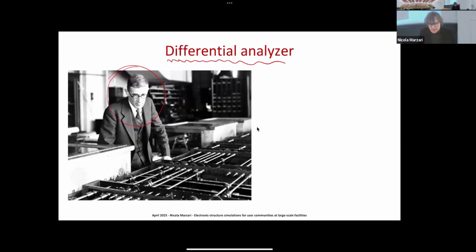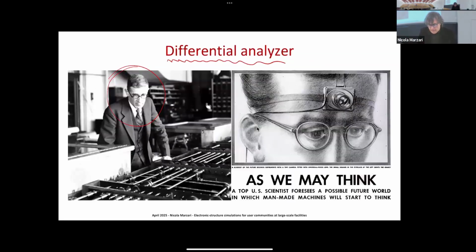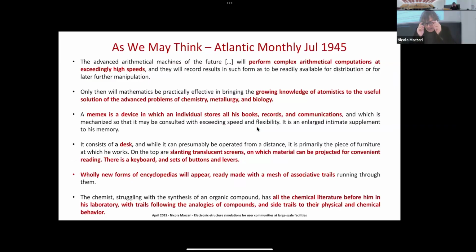of a detour of Vannevar Bush, of which I am a fan, in particular because he wrote this in 1945. You see, he thought about a possible future in which man-made machines will start to think. 1945, 80 years ago. And he actually described what he thinks will be the machines of the future.